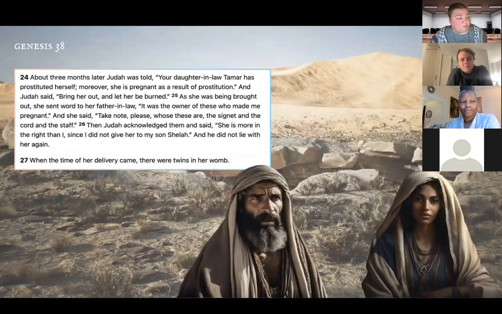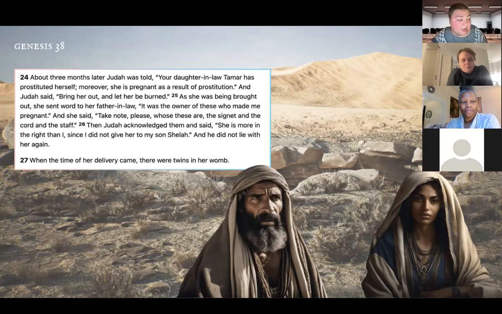Verse 24. About 3 months later, Judah was told, "Your daughter-in-law Tamar has prostituted herself. Moreover, she is pregnant as a result of prostitution." And Judah said, "Bring her out and let her be burned." As she was being brought out, she sent word to her father-in-law, "It was the owner of these who made me pregnant."